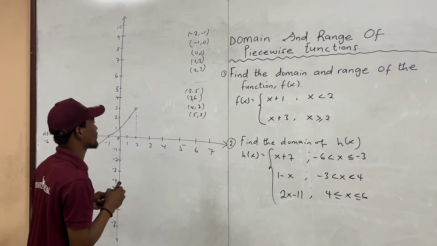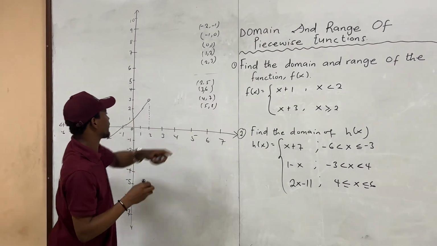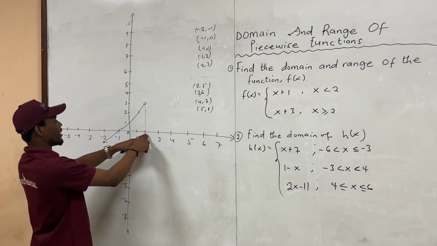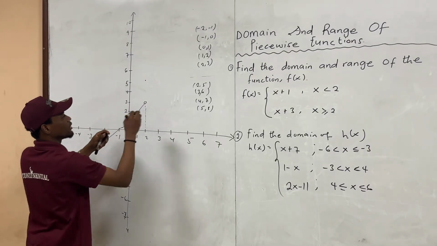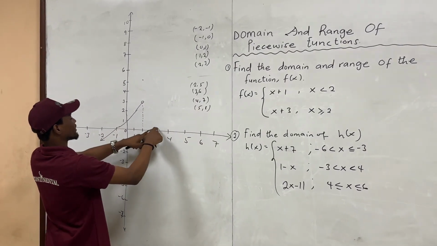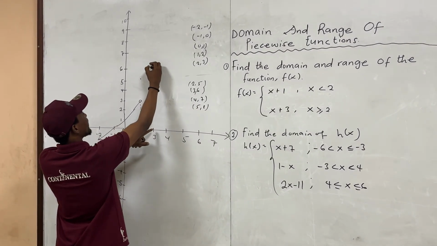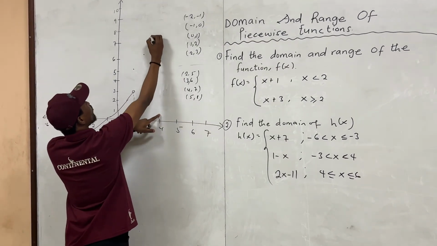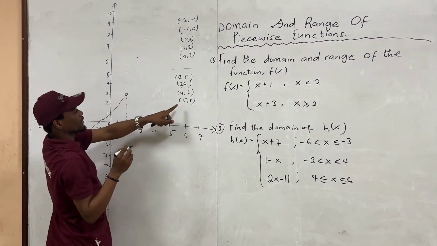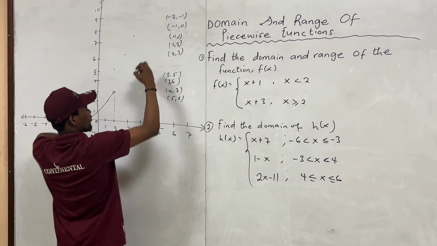Let's plot this. We have 2, 5. Where is 2? This is 2 and 5 over here, somewhere here. Then 3, 6. This is 3, then 6 somewhere here. 4, 7, somewhere here. 5, 8 somewhere here.